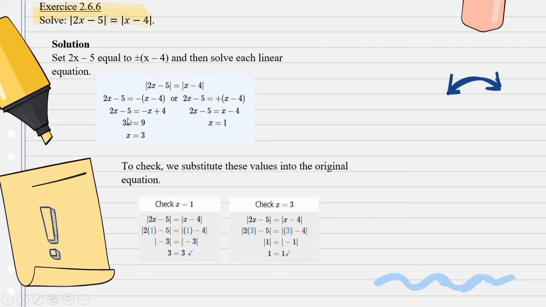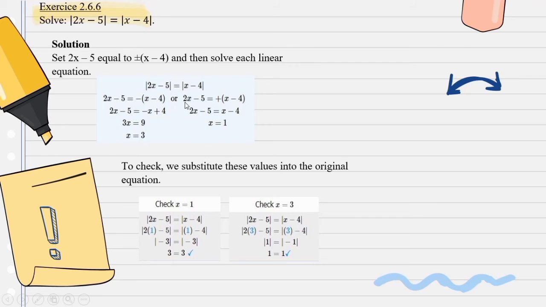The left add x, the right add x. Add 5 on both sides. The left add 5, the right add 5. After that, 3x equals 9. After that, you divide by 3. The result is x equals 3.